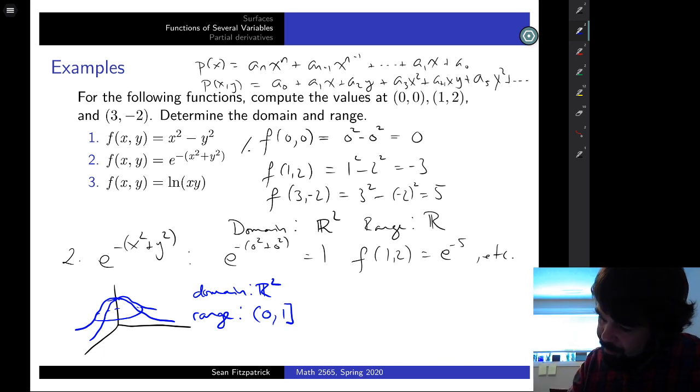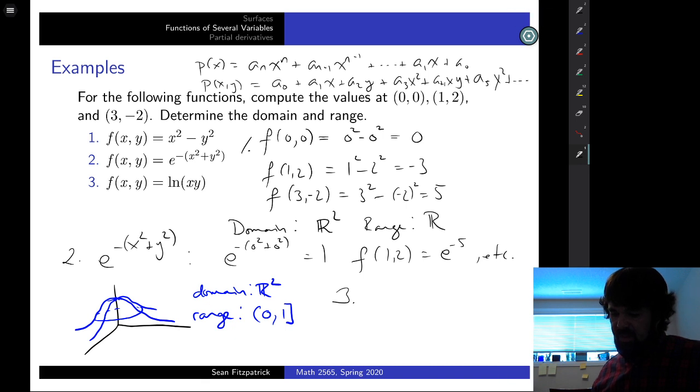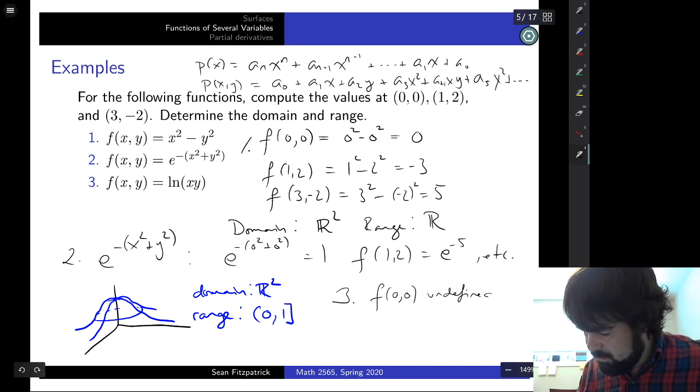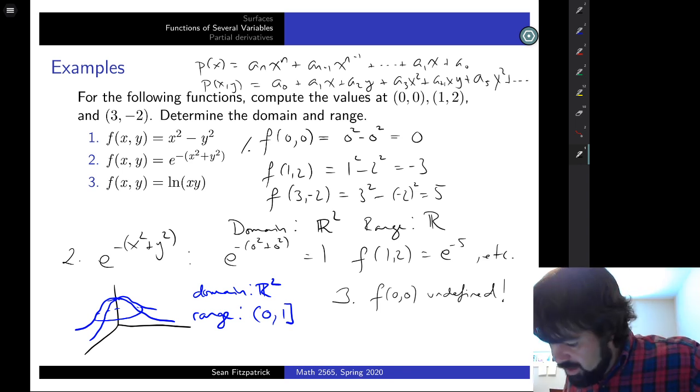Okay. The last one, number 3. The only thing I want to do with 3, I'm going to let you plug in the points. And in fact, f of 0, 0 is undefined, right? So is f of 3, minus 2. Yeah, I'm just going to ignore that.